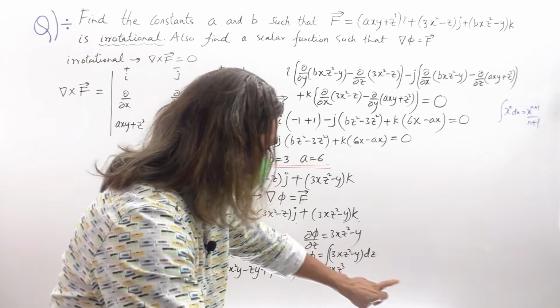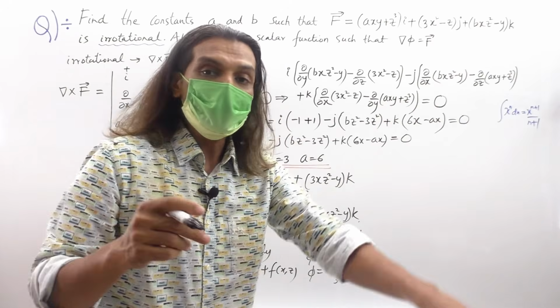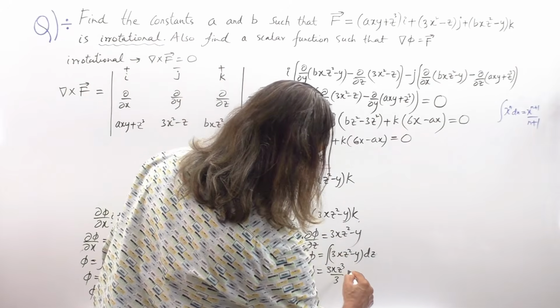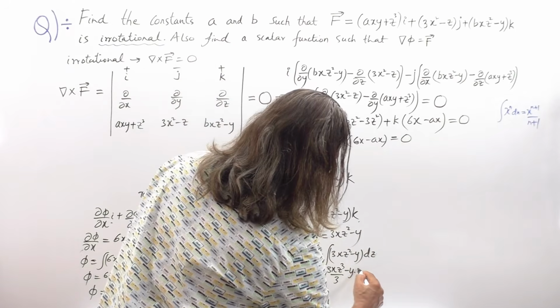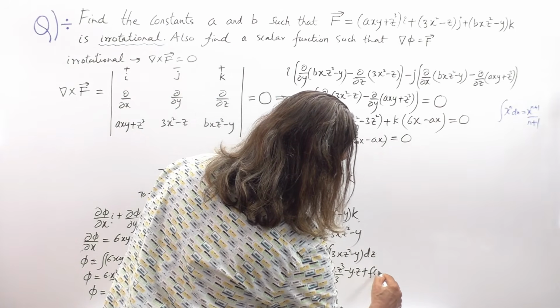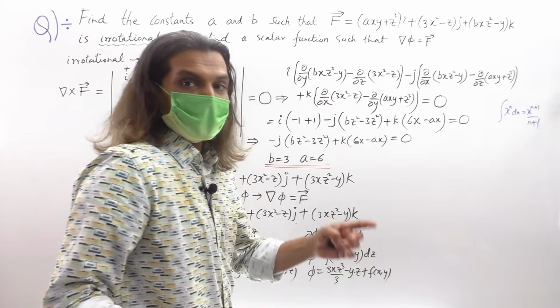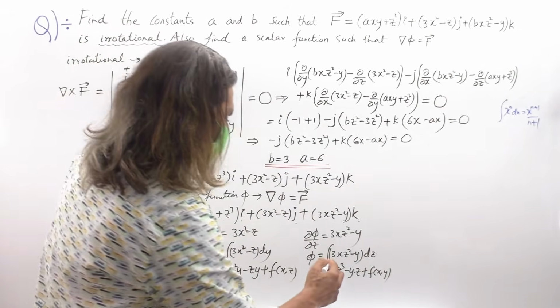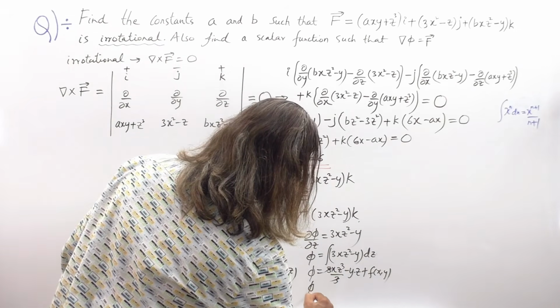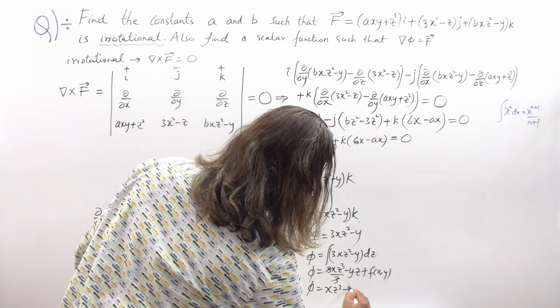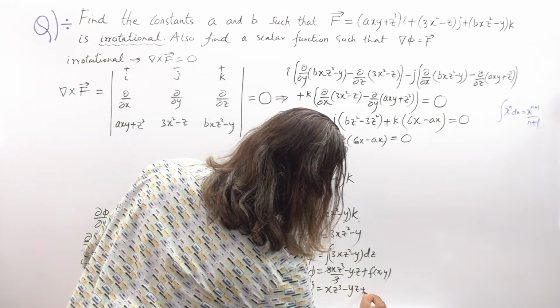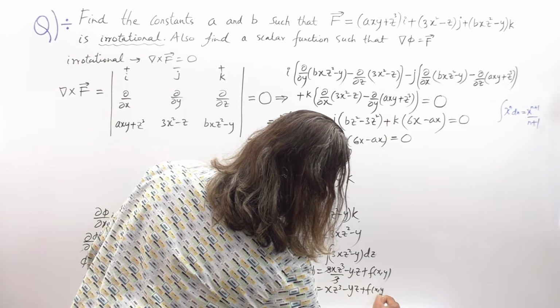So integration of z square will be z raised to 2 plus 1, 3, upon 2 plus 1, 3. So z cube upon 3 minus y into integration of 1 with respect to dz is z only, and the constants are f of x comma y. Why? Because with dz, what remains? x and y. So the 3s cancel here, and phi will be equal to x z cube minus yz plus f of x comma y.